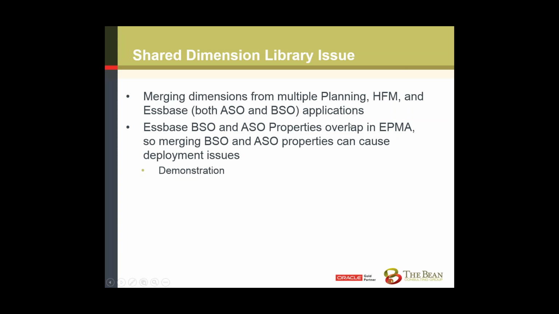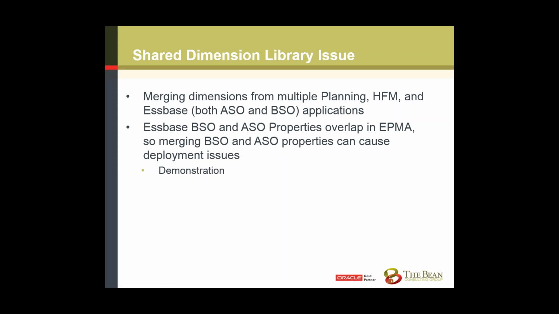So we had all these different dimensions that we needed to merge together into the EPMA shared library. And there's one potential issue that you run into with BSO and ASO properties. If you happen to have ASO and BSO Essbase applications that you want to merge into the EPMA shared library, there are certain properties that overlap within the EPMA shared library.